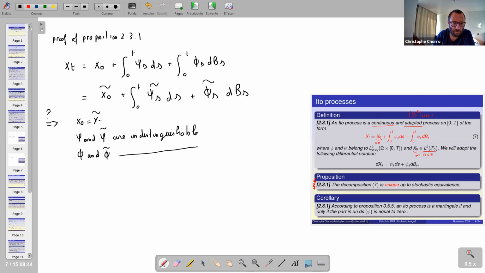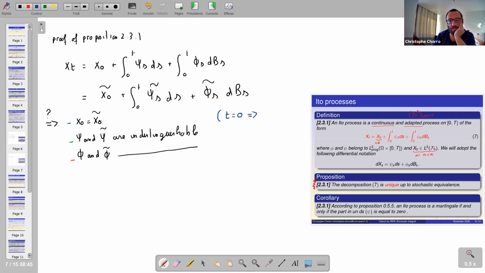Here I have x0 tilde. So here we prove that when we have this, necessarily I have the equality between all the components of this Ito decomposition. It's not possible to readjust the decomposition in order to obtain two different ones that would give rise to the same Ito process. So first of all, I have 3 points to prove a priori. For the first one, it's not complicated, because I just have to take t equal to 0.